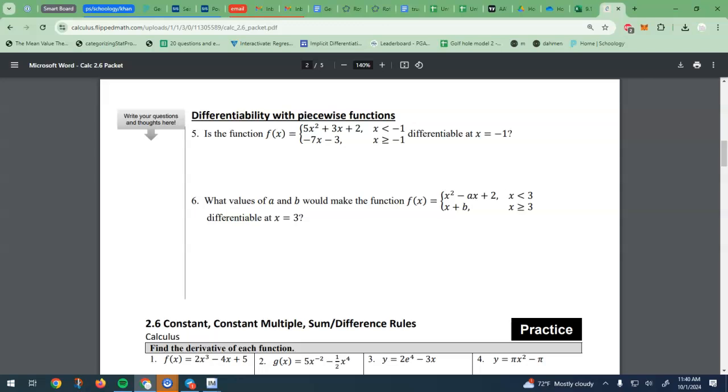So if I plug -1 in, those are equal. So the y values were the same, derivatives were the same, so we can say yes, it's differentiable. Question on that?